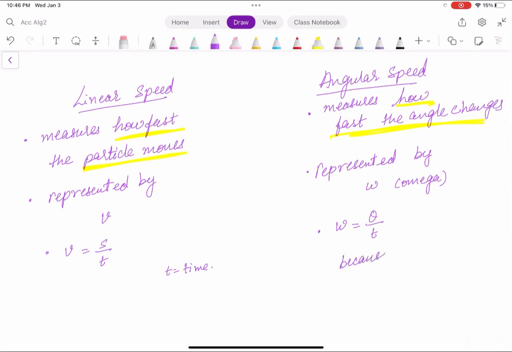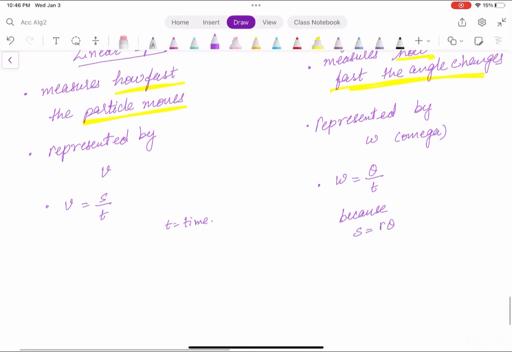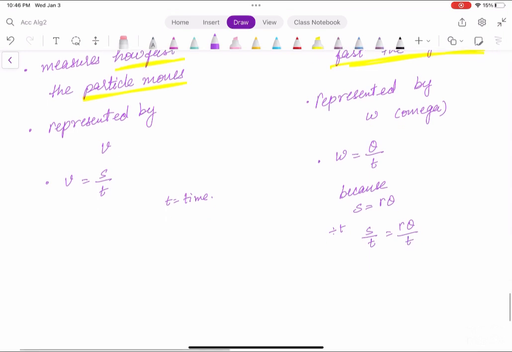And if we combine these two, because S is nothing but r theta, right? If I divide both sides by t, what will we get? S over t is v and theta over t is w. So we can have another identity: linear speed is nothing but radius times angular speed.